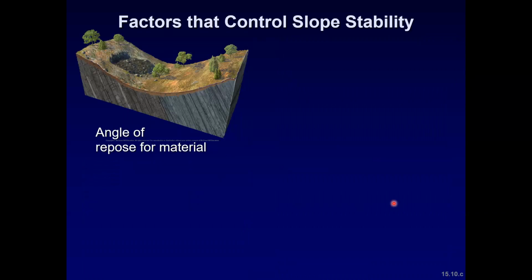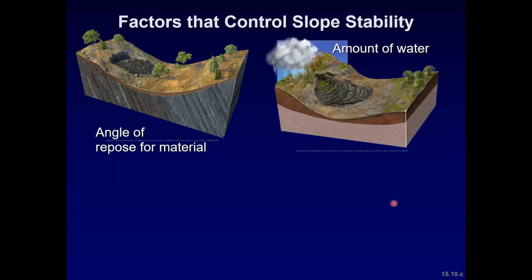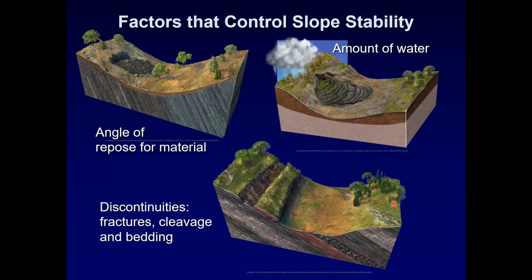Okay, so some factors that control slope stability. One would be the angle of repose for the material. How steep can this thing get before more material moves down slope? The amount of water acting on the area, and then discontinuities such as fractures, cleavage, and bedding.